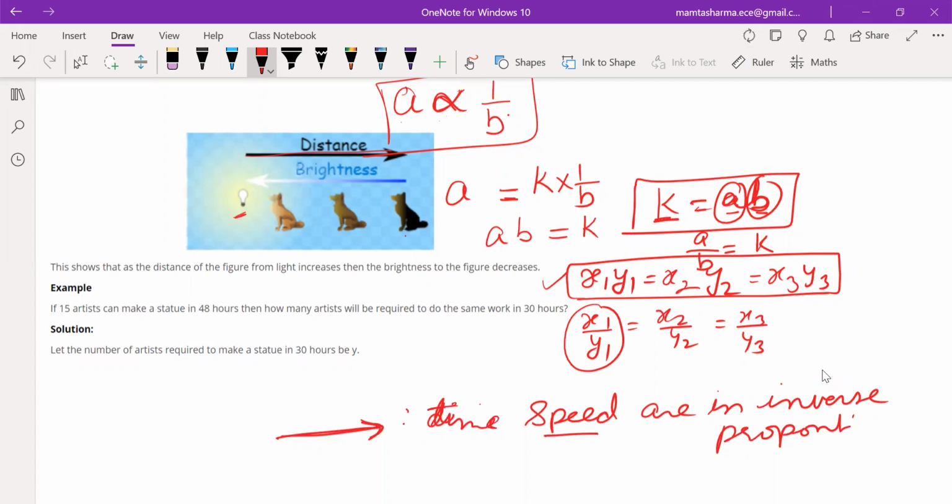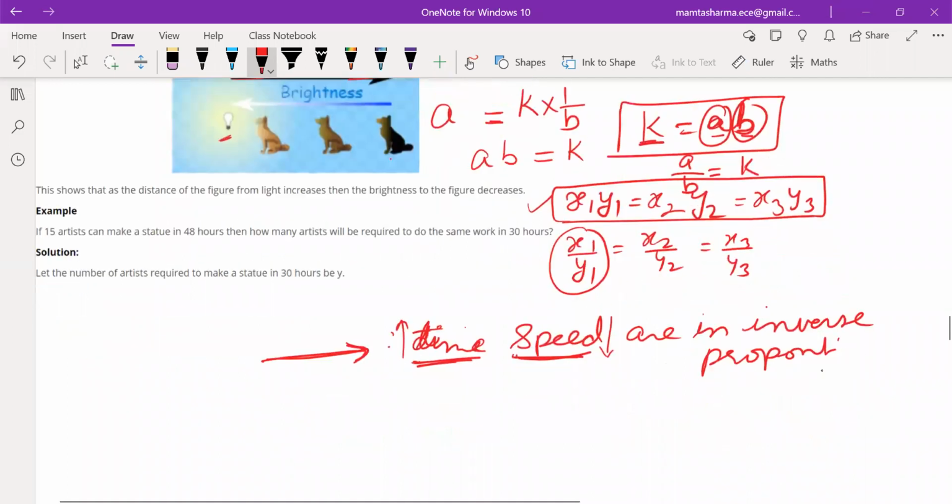If your writing speed is fast, you can complete your paper in less time. If your speed is less, it will take more time to complete the paper. So time and speed are inversely proportional to each other.